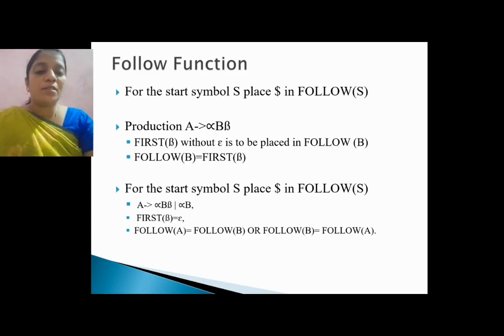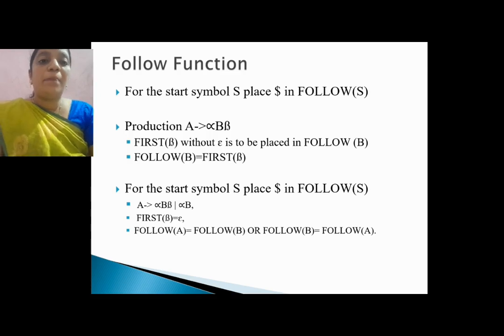The second rule is that I have one formula, which is A tends to alpha B beta. Here you have to compare this equation with your question: what is A, what is alpha, what is B and what is beta. If my beta is not equal to epsilon, note this main thing, then I have to use rule 2, which I am reading now: follow of B equal to first of beta.